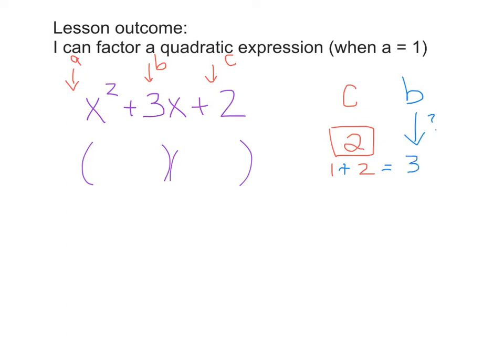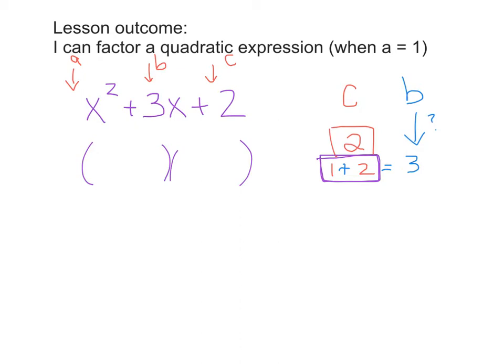Is that our b value? Well, yes, it is. Our b value is 3. So because it's equal to the right b value, we know that these 2 numbers right here are what we are going to use as our factors in the parentheses to the left.